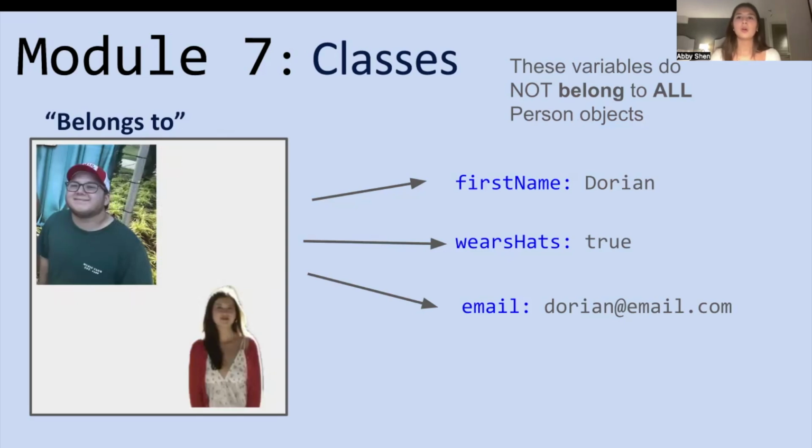These variables won't belong to all person objects. Obviously, there are other people that exist that aren't named Dorian, don't wear hats, and/or don't have the email dorian@email.com. So on the side, you can see that there's me, and I belong to the person class, but I don't have those attributes.